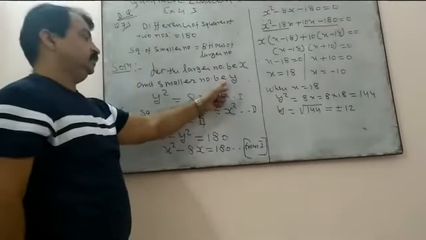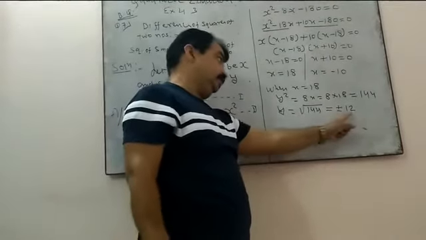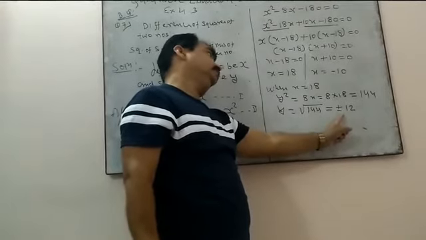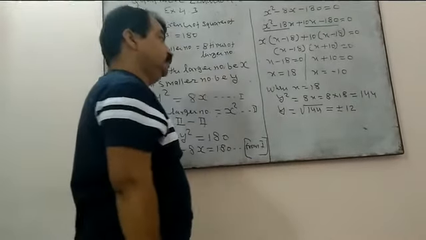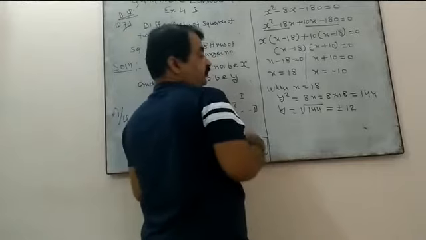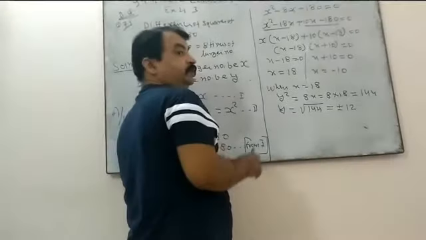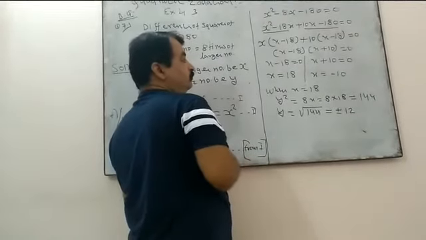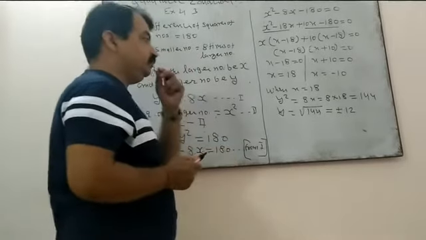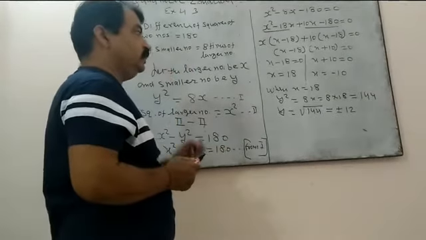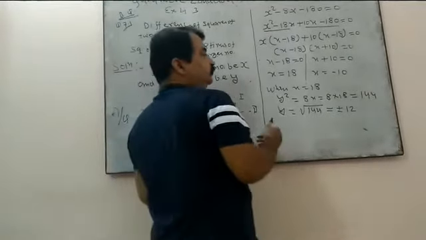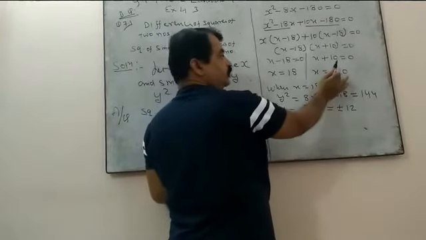The smaller number. So the smaller number is either 12 or minus 12. But see, since we are working with numbers, a number may be negative. But since the relation is given with the square, the square of any negative number is always positive.